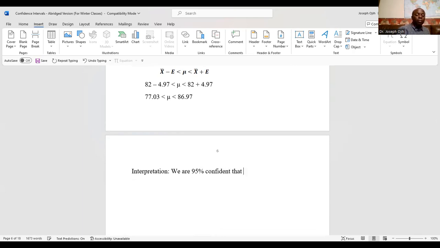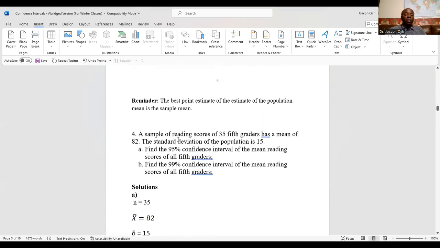You are trying to estimate the average reading score. Remember, the question says a sample reading score for 35 fifth graders has a mean of 82. So this 82 is only for 35 fifth graders, and you're using it to estimate the population mean for all fifth graders. The question says find the 95% confidence interval of the mean reading score for all fifth graders.